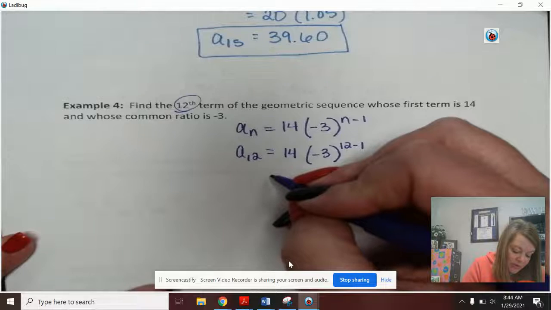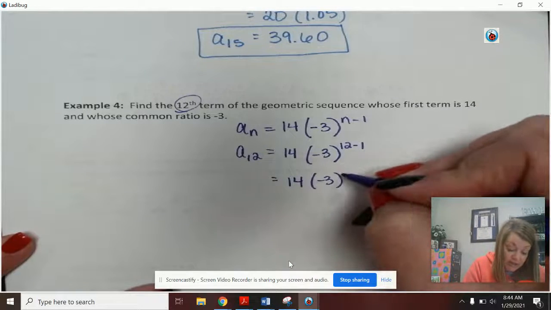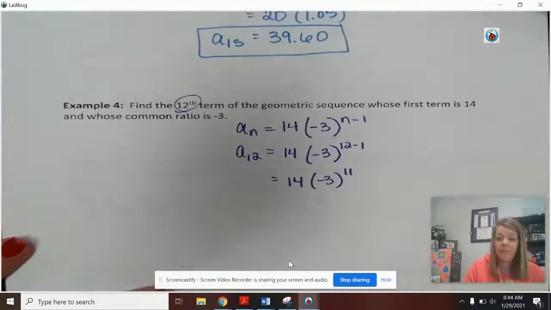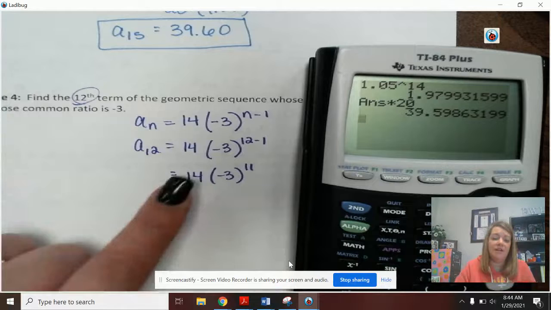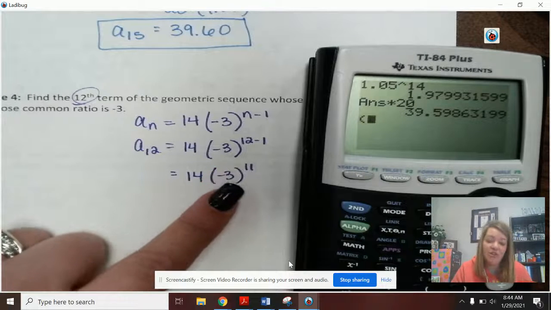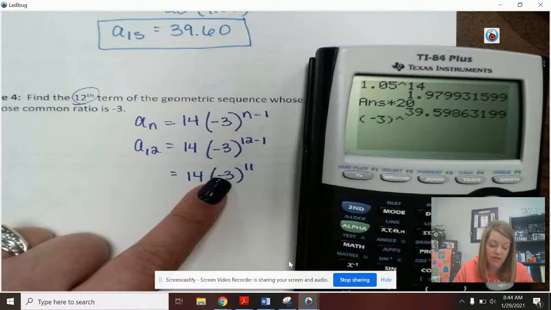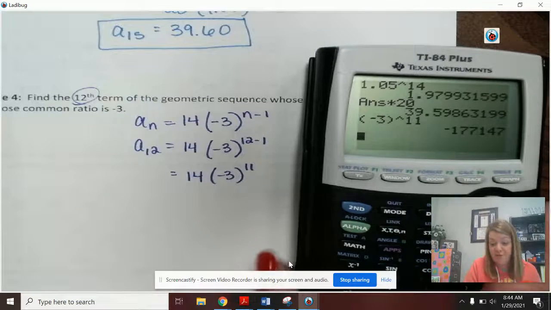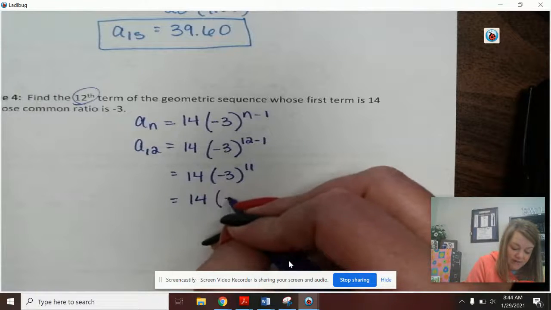So I'm going to do some calculating now. I'm going to take 14 times -3 to the 11th. 12 minus 1 is 11. And I'm just going to use my calculator to do this. I just want to point out, be really, really careful when you take -3 to the 11th power. You need to make sure you put the -3 in parentheses. Otherwise, the calculator doesn't do it right. So -3 to the 11th power is -177,147.